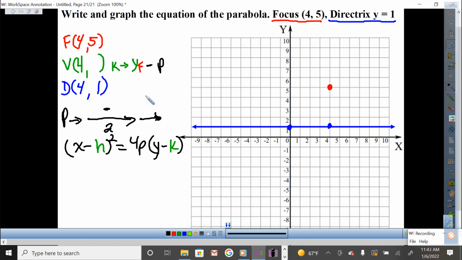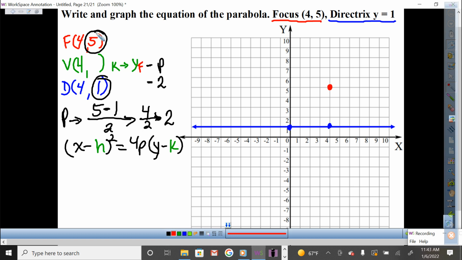Andrew, go. The 5 and the 1, yes. So 5 minus 1 is 4, divided by 2 because it's 2 distances, so the distance of each point is 2.